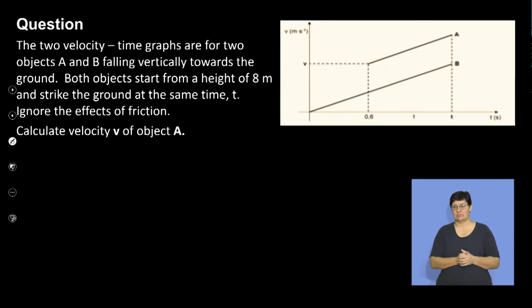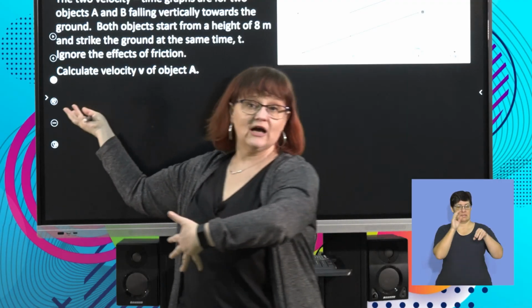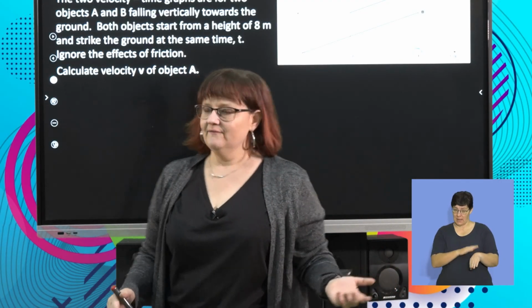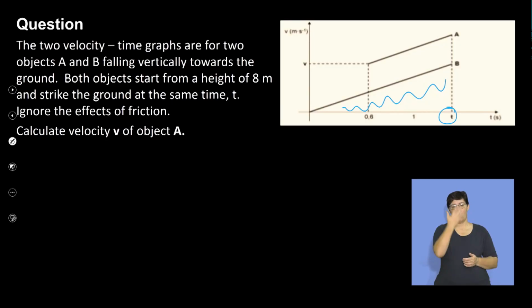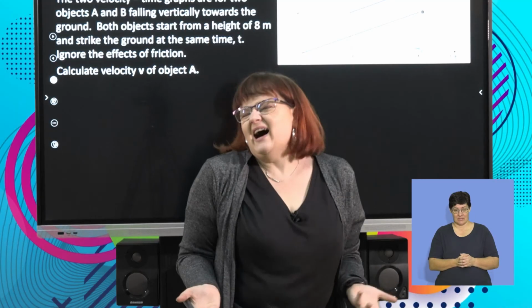So then they wanted V. I can't find V until I know time, because once I know this time, it's going to be part of the simultaneous equations we did to get time. Once I know time, I can work out velocity, because I know the area of B. Okay, so the velocity would be the height.